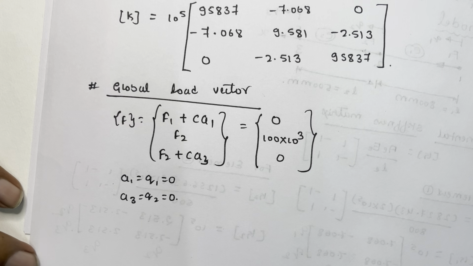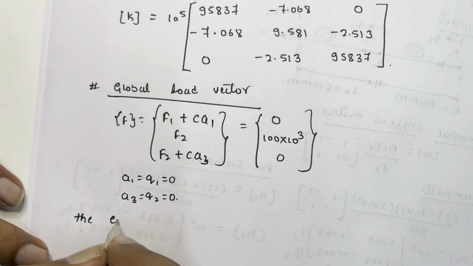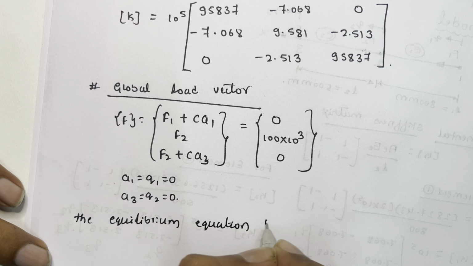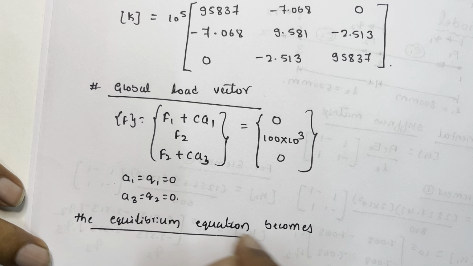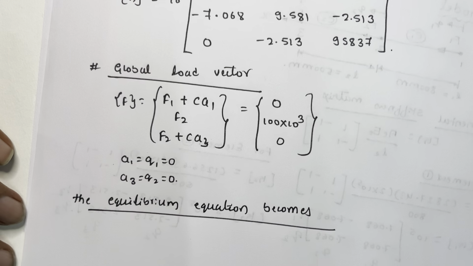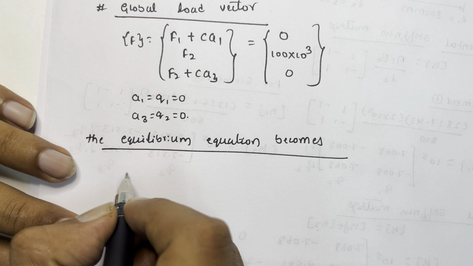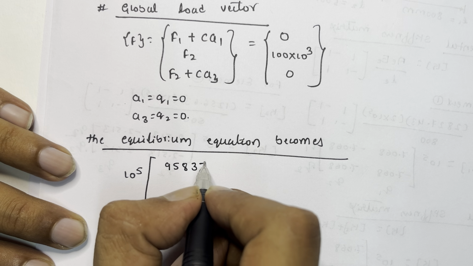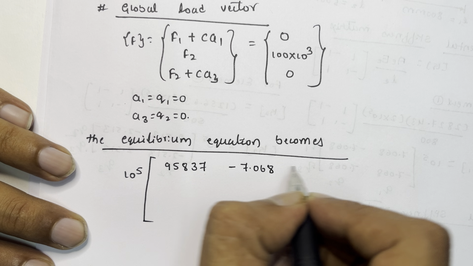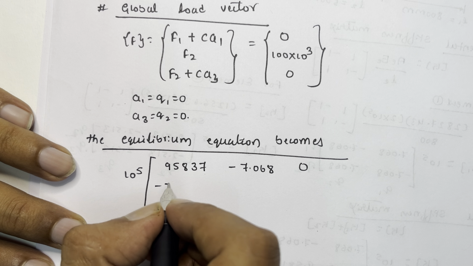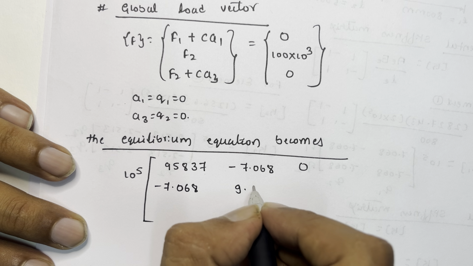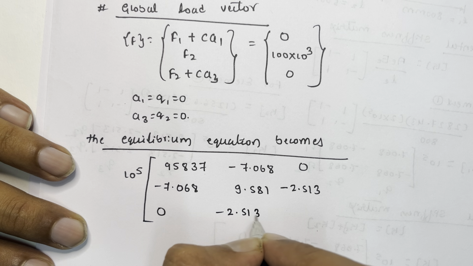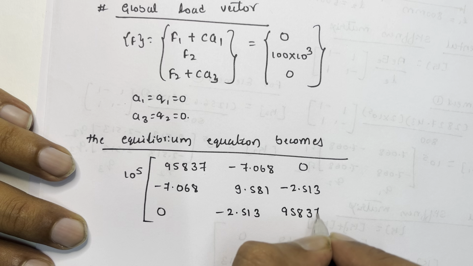After applying the boundary condition, the equilibrium equation becomes: first we have to write the stiffness matrix, 10 raised to 5, 9.5837, minus 7.068, 0; minus 7.068, 9.581, minus 2.513; 0, minus 2.513, 9.5837.